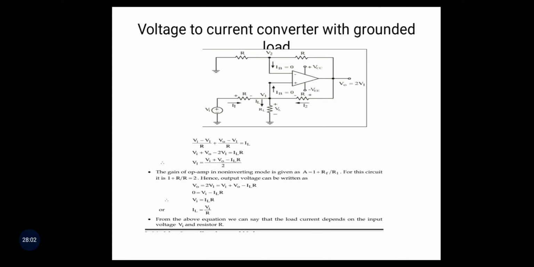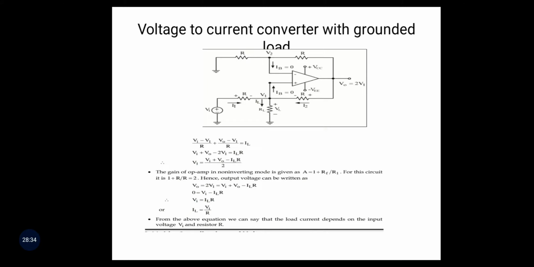I1 equals Vi minus V1 by R. This is the input current. Another input current is I2, equal to V0 minus V1 by R. That is equal to IB plus IL. Here IB equals 0, so it equals IL.